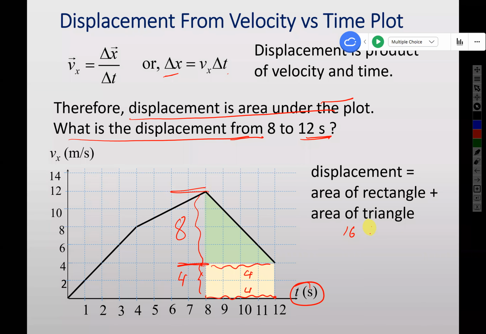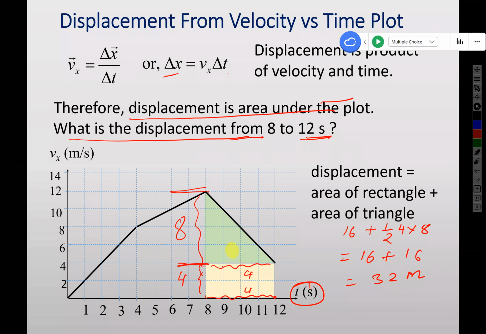And do we know how to find the area of a triangle from the sides? Yeah, it's half of base times height. So 16 plus 16 is 32, and it is meters.